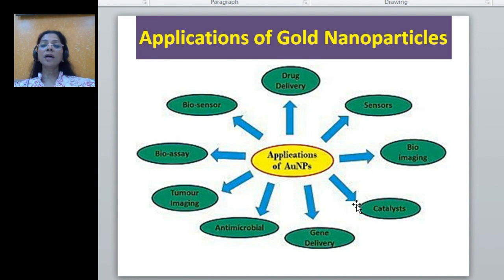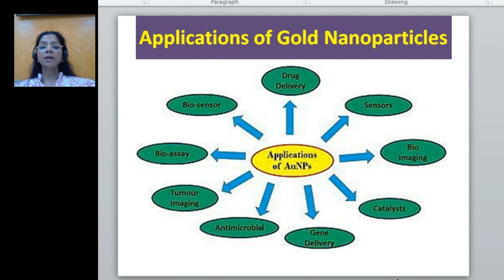Similarly, they are used as biosensors in bioimaging. They are used as catalysts to carry out various conversions, in gene delivery, as antimicrobial agents, in tumor imaging, bioassays, and lots more.